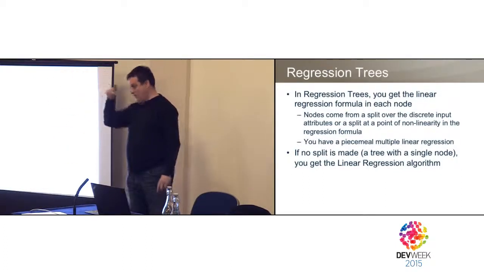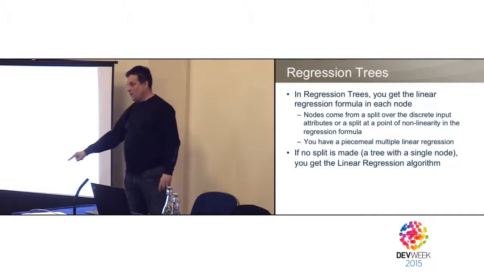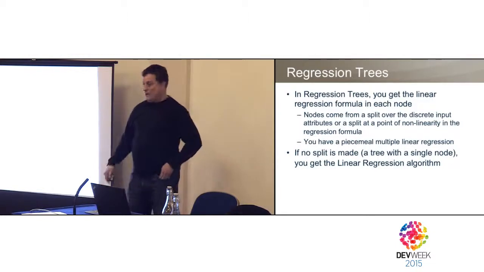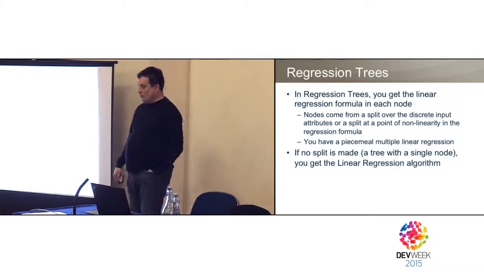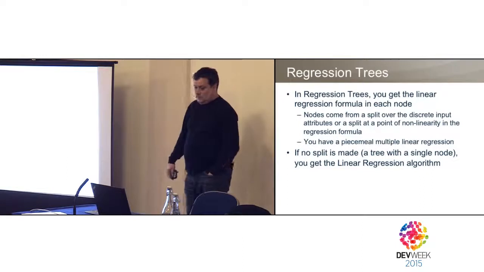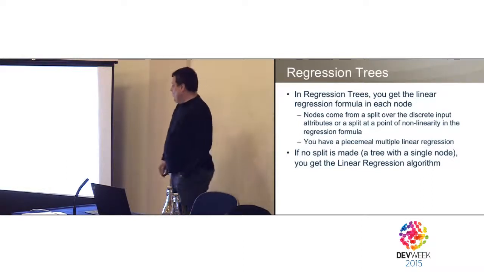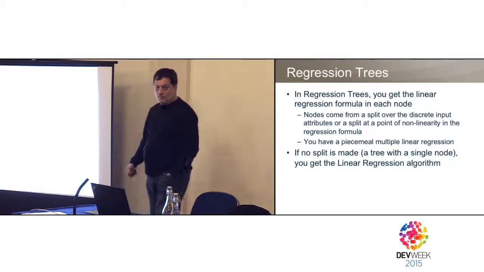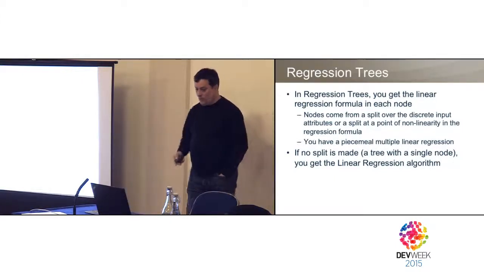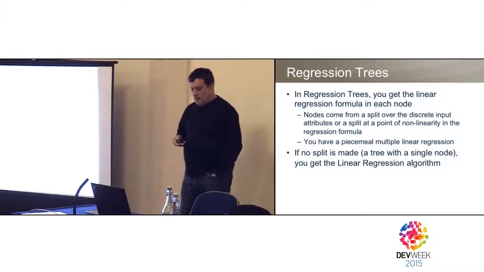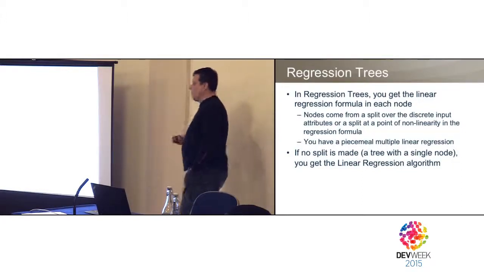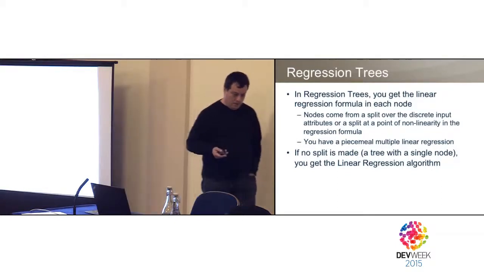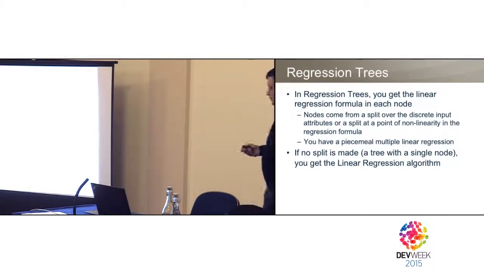So in every peak or valley you define a cutting point, a splitting point, and then you use this variable as a discrete one for splitting the tree. And the rest, the ones that do not have any points of nonlinearity, are used as regressors for the multiple linear regression formula in these nodes.